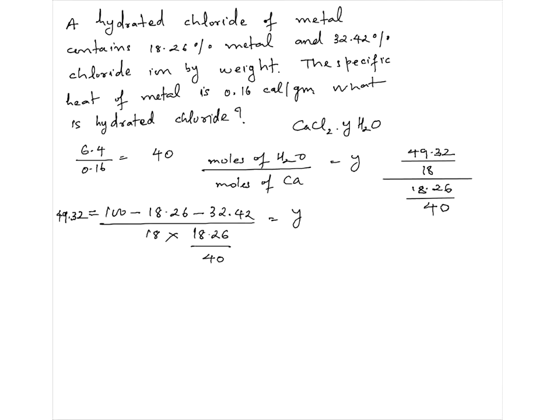Yes, carry on. Sir, over here you have taken moles of H2O upon moles of Ca is equal to Y. Sir, is that being deduced from here itself, or is that some universal kind of approach?